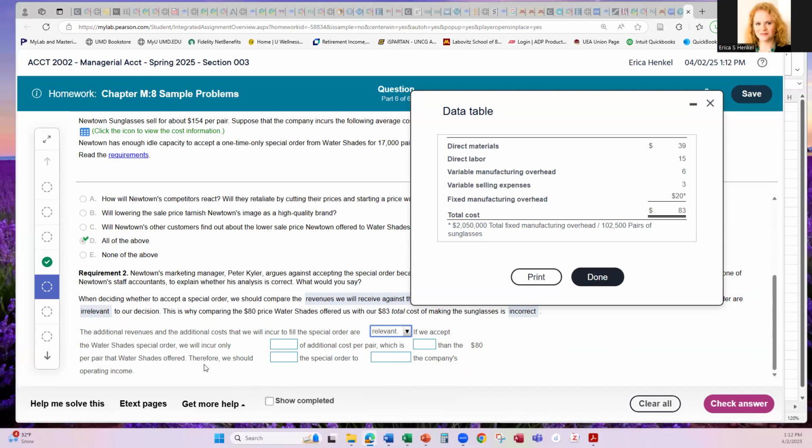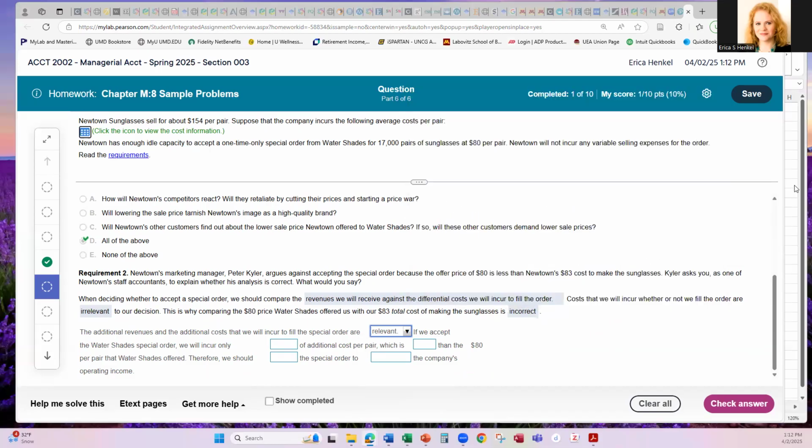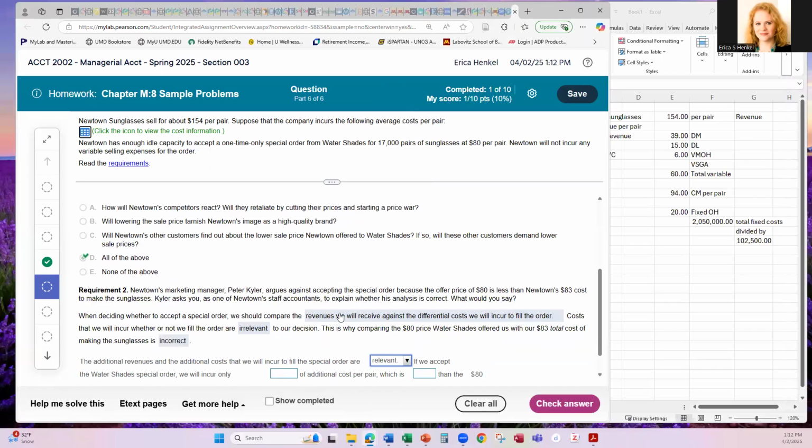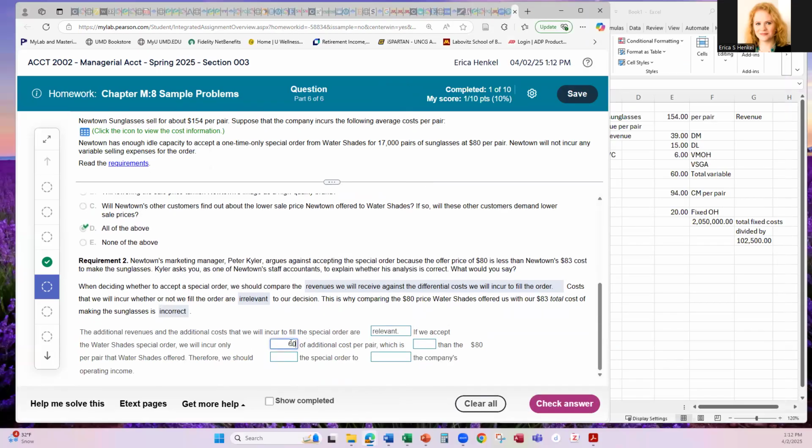We will only incur how much of additional cost? I think we said 60 in variable costs per pair, which is less than the $80 we would get for revenues. Therefore, we should accept the special order in order to increase our company's operating income.